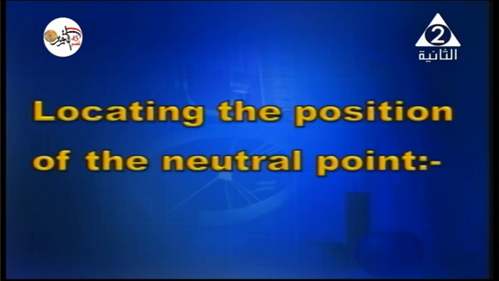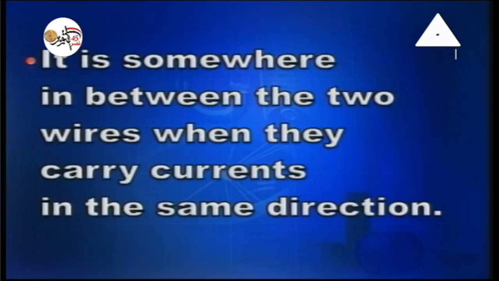And now talking about something very important, how to locate the position of the neutral point. It is somewhere in between the two wires when they carry currents in the same direction. The neutral point is situated where the two fields are in opposite directions.